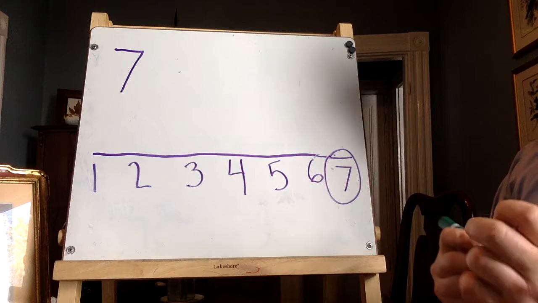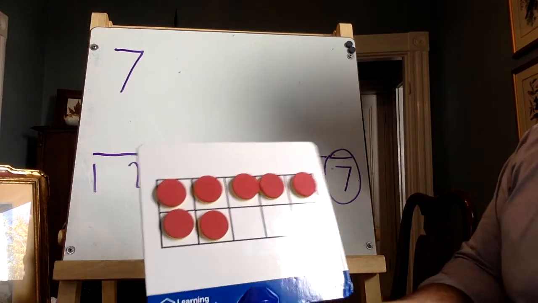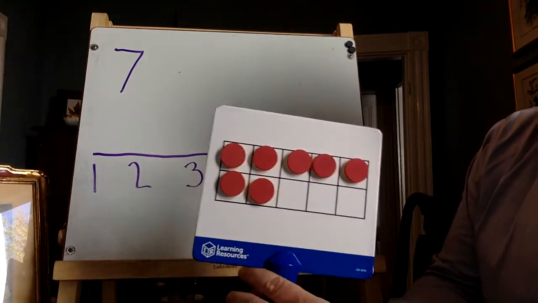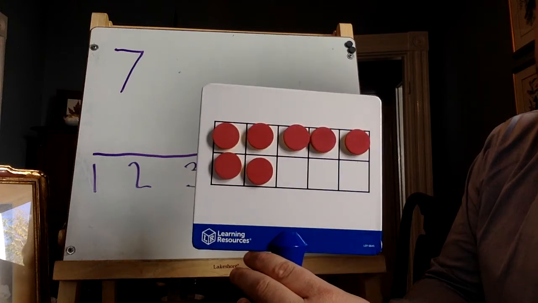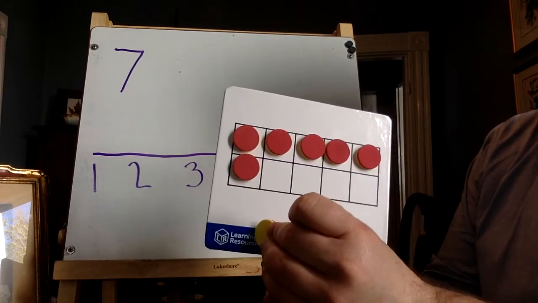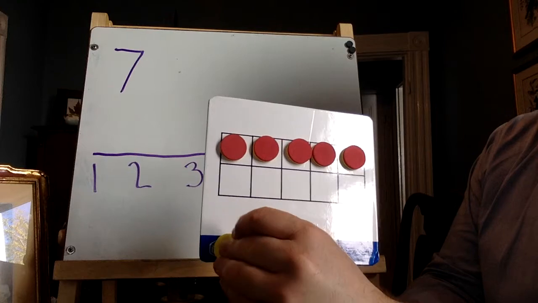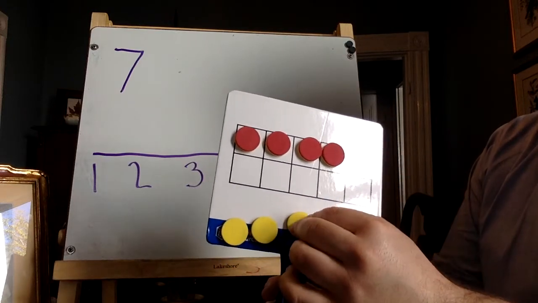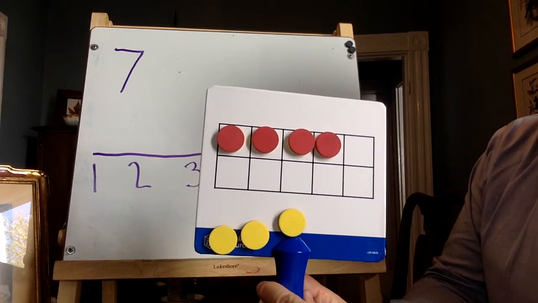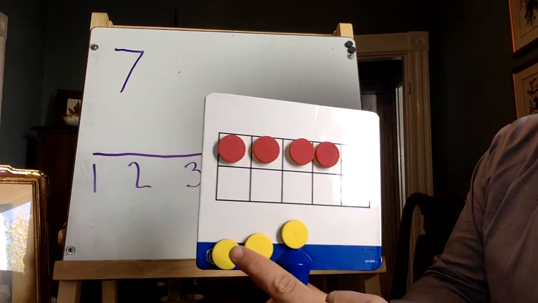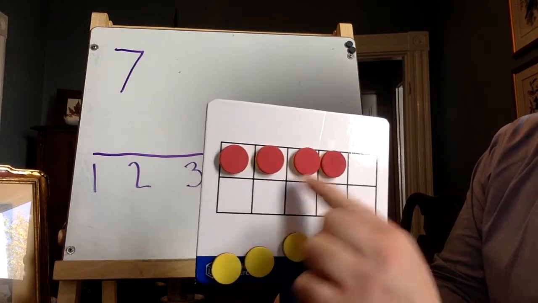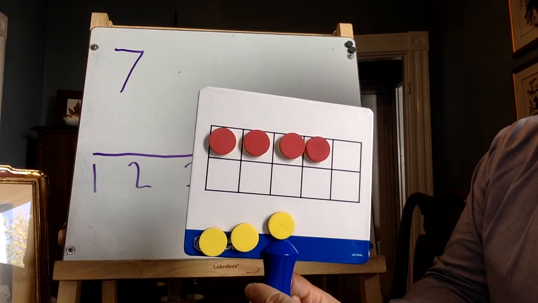Now, what if a friend of mine comes over and I give my friend 3 counters? What if I give him 3? That's why they're yellow. How many red do I have left?